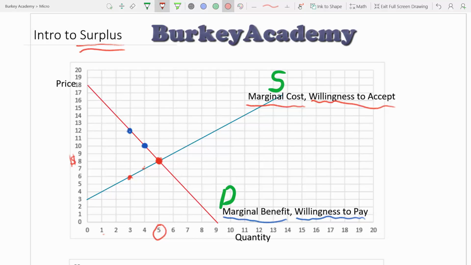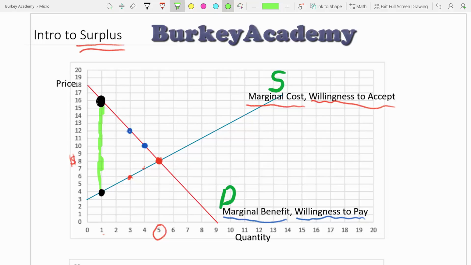In a market, we generate surplus whenever we can provide a high benefit. So let's look at this first unit. High benefit, in other words, high value to the consumer, $16, and it only costs $4 to produce that unit. That difference there is what we call surplus.